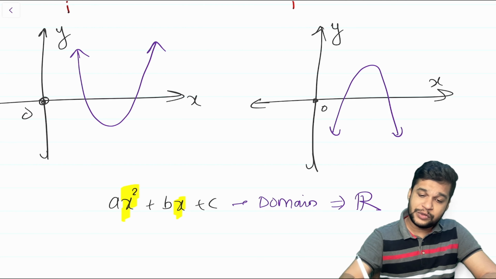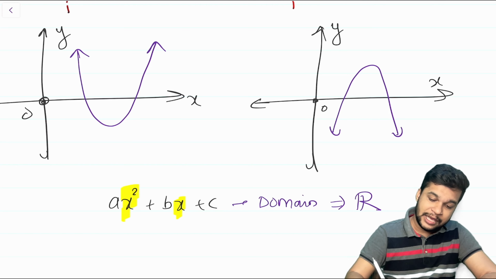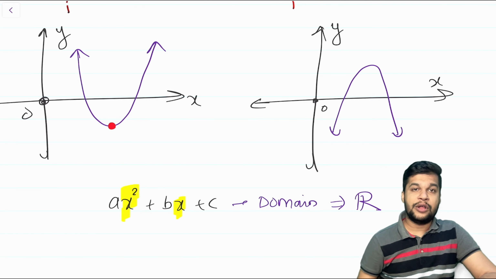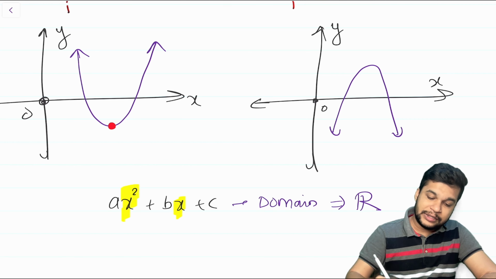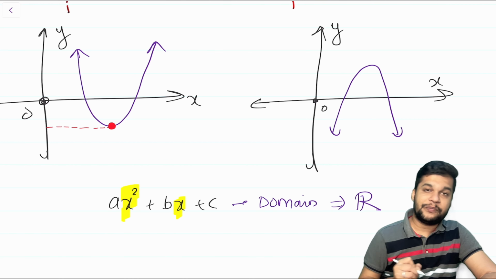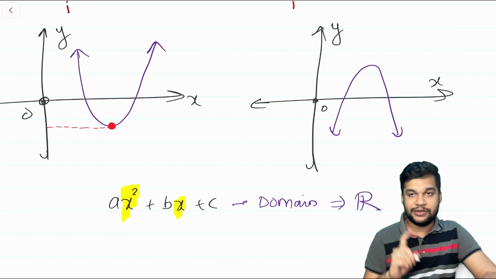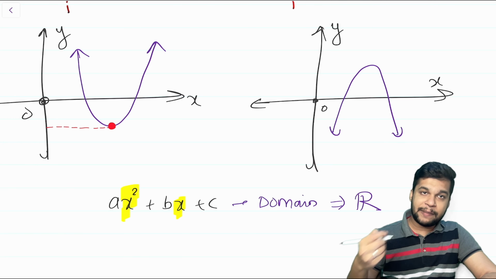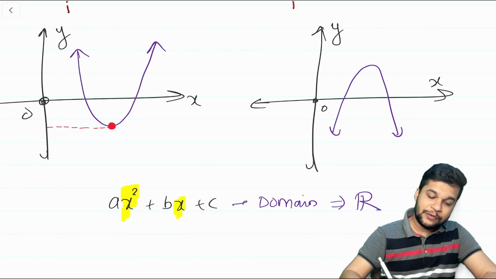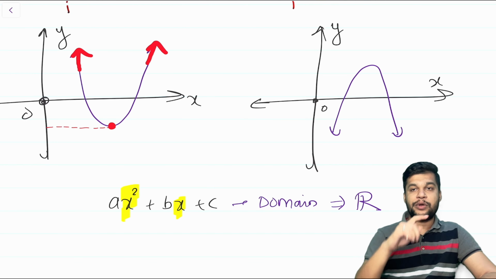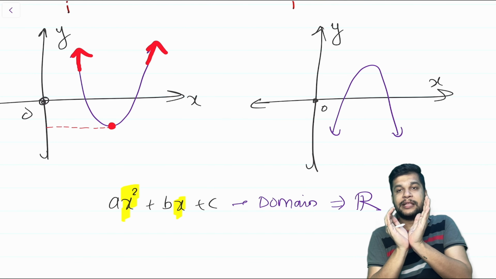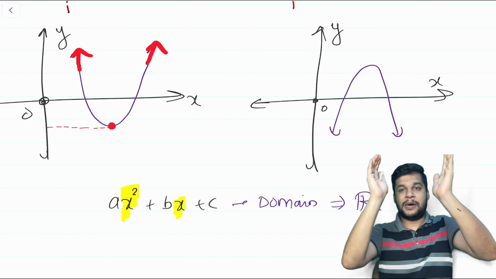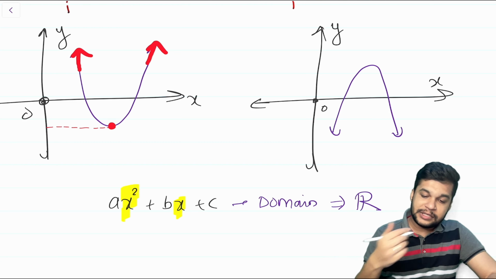If you see the first case, the least value is here on the vertex, the turning point. That's your least value. So this is the least possible value of the graph in the first case, right? And what is the maximum value? If you see, the graph is going up and up till infinity, right? So what is the range?